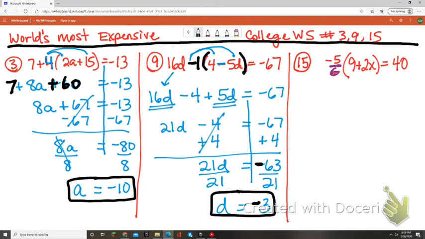So what I can do to undo that is I can multiply both sides by 6, because that's the same thing as 6/1, and then those 6's cancel, and when they cancel, they're gone on that side. So I'm left with negative 5 parentheses 9 plus 2x.